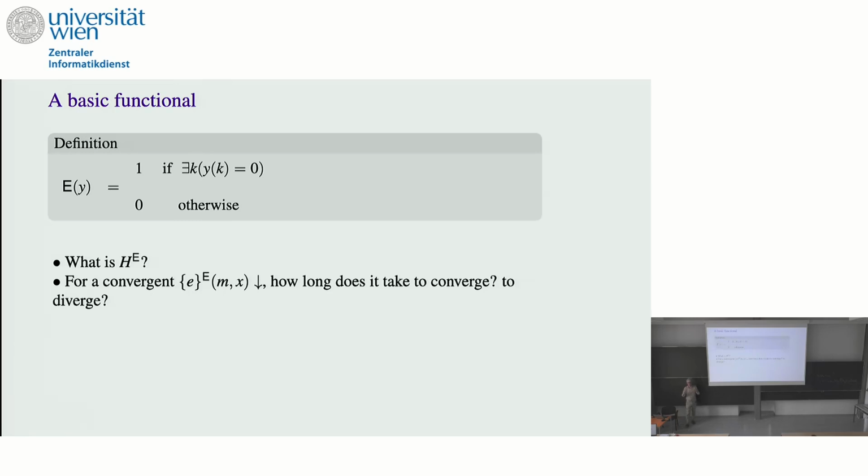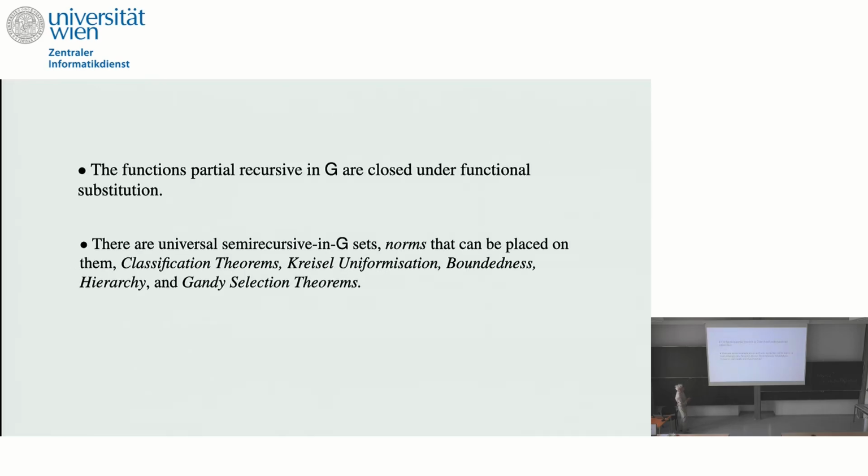Simplest possible function you could think of in this context. And so again, you could ask, what is the halting problem in this simple functional? And again, how long does it take for a computation to diverge or converge? So now we've got trees of computations with all of these levels with sigma 2, extendability, hooks and things on. So the whole thing is a very large, big process.